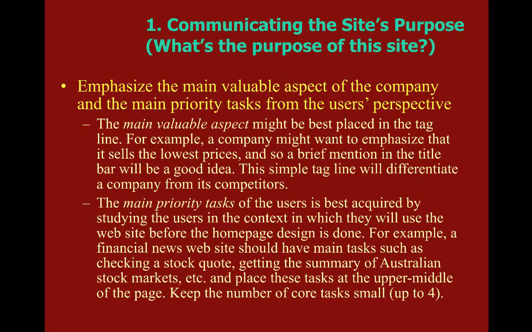If you look at other websites like eBay, buying and selling are main priority tasks, and to look for products either through browsing product categories or using a search feature, these are upfront on the homepage itself.